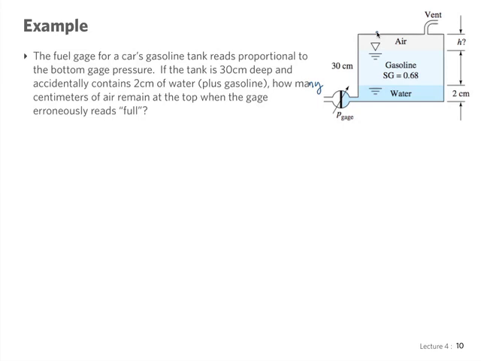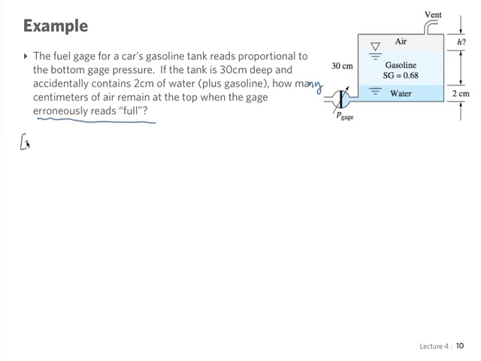So we have here a situation of pressure readings according to different heights of gases. You're told that there's 2 centimeters of water at the bottom, there's an unknown layer of air at the top, and the whole tank is 30 centimeters, and the gauge reads full.